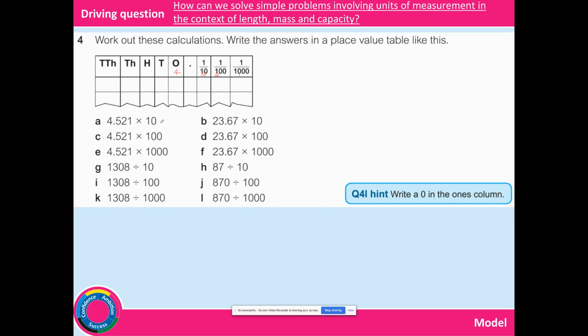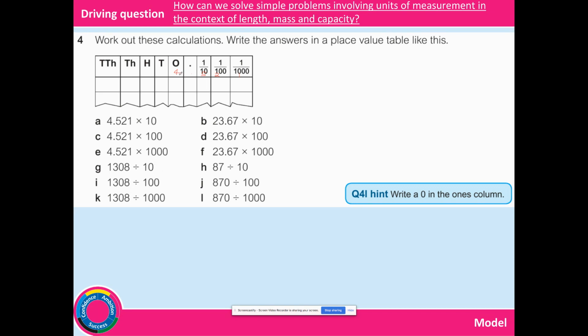Now we're going to multiply by 100. Now I know before when we did our remember task, I said we're multiplying by 10, so we just put that 0 on the end. But it doesn't actually quite work like that, not when we're doing decimals.